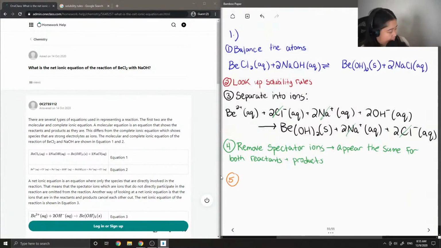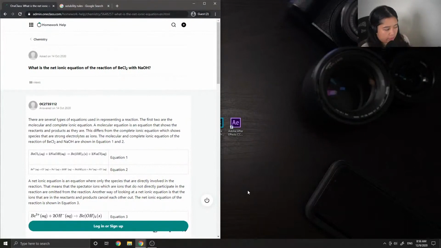And then that brings us to step 5, which is just writing the net ionic equation. So this is everything that was left over.